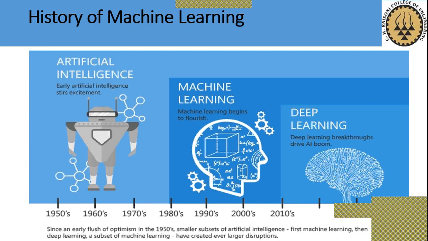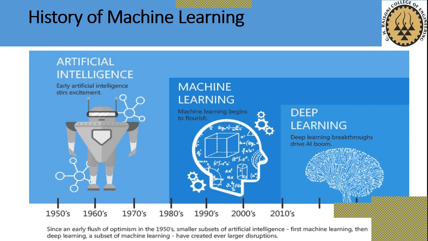The aim of the Turing experiment was to identify whether a machine can give answers like a human being, and it was performed by the scientist Alan Turing in 1952.